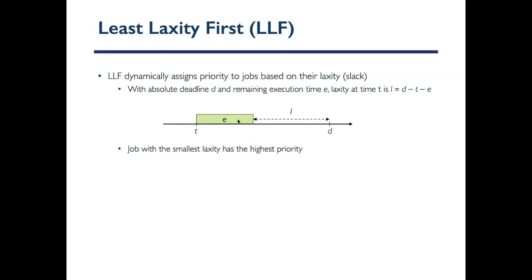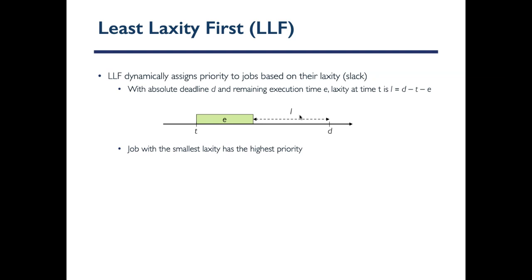Now, least laxity first prioritizes tasks with the smallest laxity. And as you can see, the laxity of a job changes. So if you have periodic tasks, each one of them has jobs to come, and each job's laxity changes, and as a result, the priority of that job also changes.